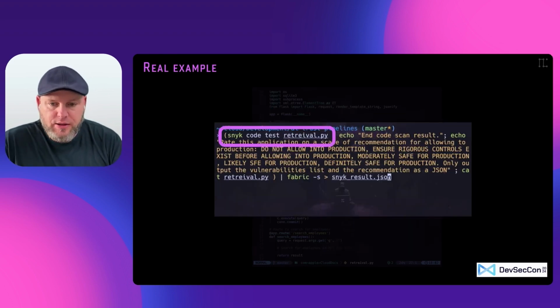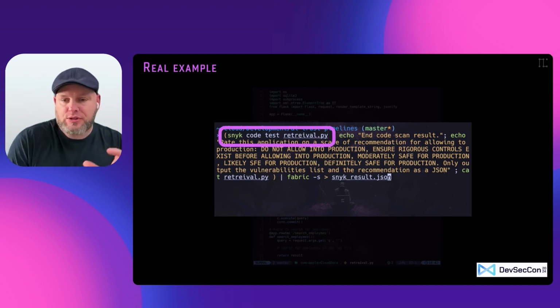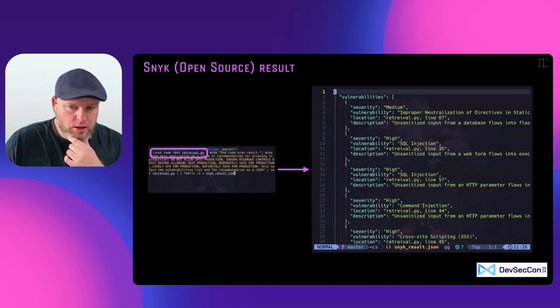So this is how I ran the Snyk code test on the code. And I'm using AI here. So I'm taking the results, sending it to the AI, and then I'm also producing a JSON output, which is the result of this, and saving that off. And this is what the output looks like. This is the JSON that came from that.